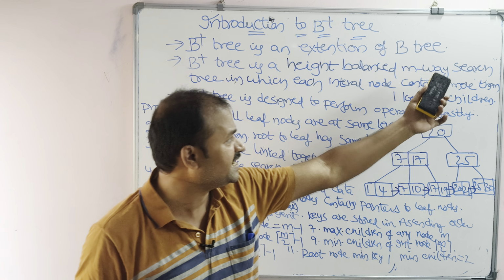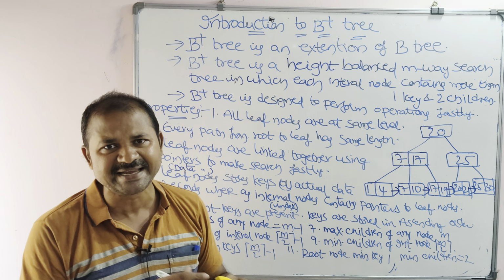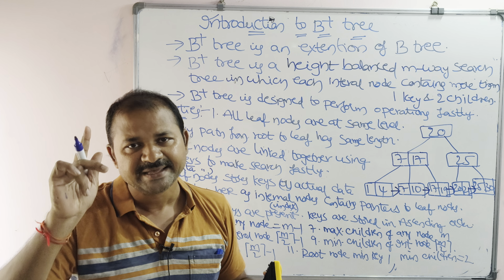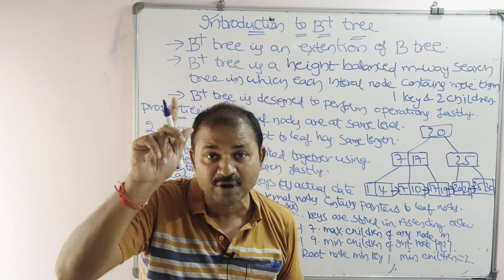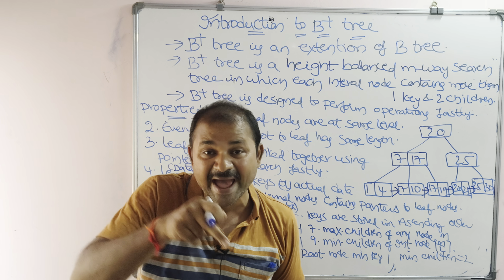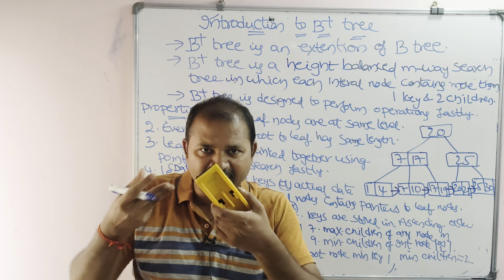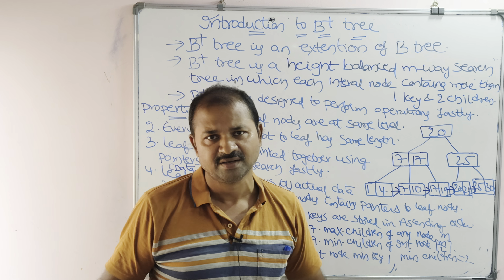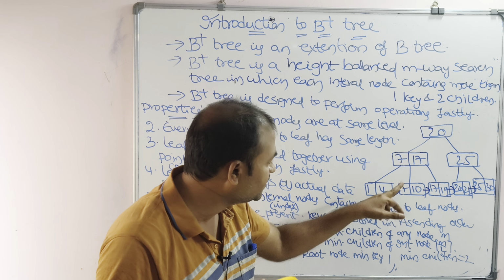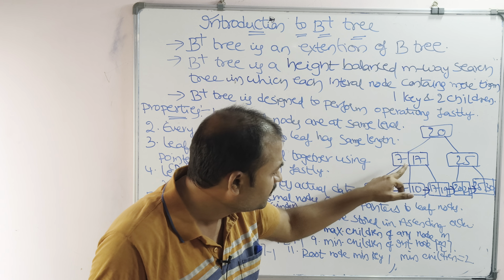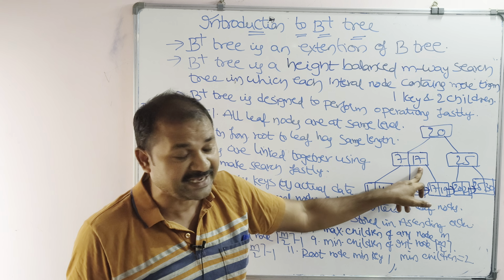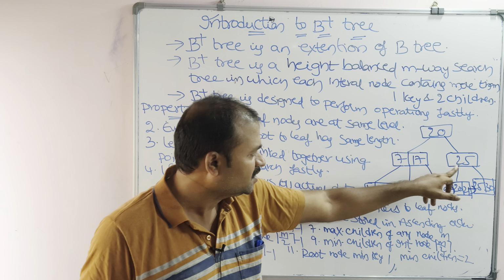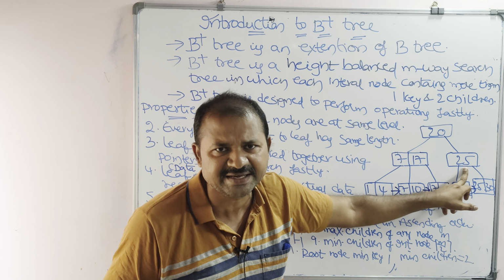If we take search trees like AVL tree, red black tree, splay tree, each node will contain only one key and a maximum of two children. So maximum two children, or one child, or zero children. But if we take B+Tree, each node may contain more than one key. If you see here, this node is containing more than one key, but this node is containing only one key.